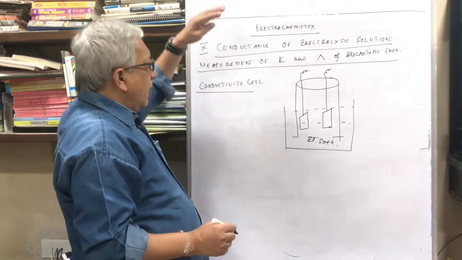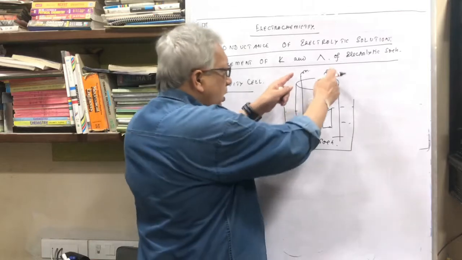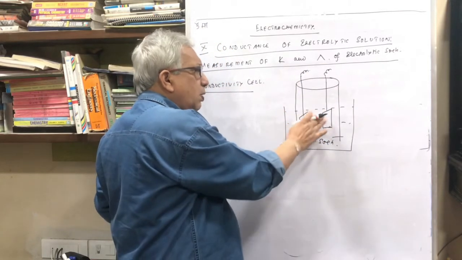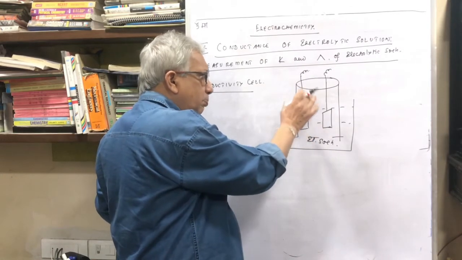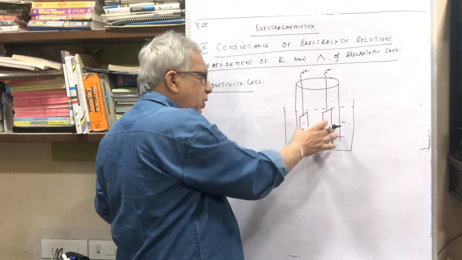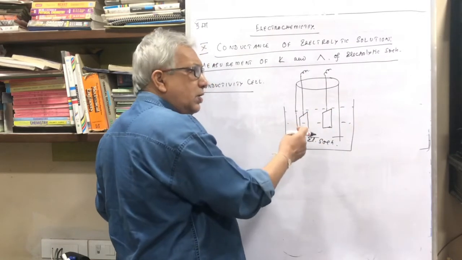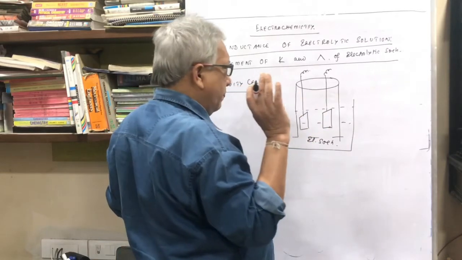So I hope you understood the conductivity cell. It is a glass tube in which we insert two platinum electrodes, where the platinum plates are coated with a chemical called platinum black, and this arrangement is dipped in the electrolytic solution, of which you have to find out the resistance and thereafter conductivity, molar conductivity, etc.